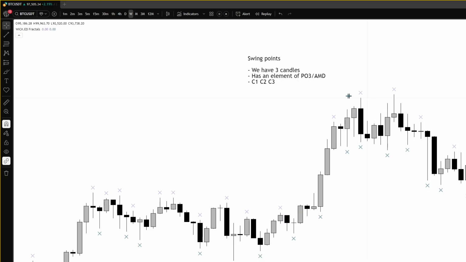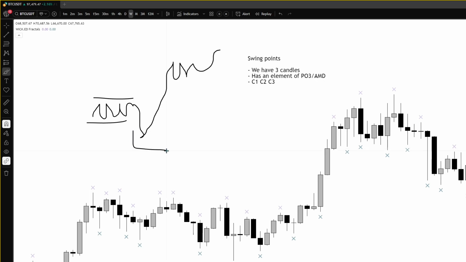Today, when we talk about why the three candles are specifically important, we have to think of the power of three, which is the idea that the market moves in a way that has a form of accumulation, manipulation, and distribution.